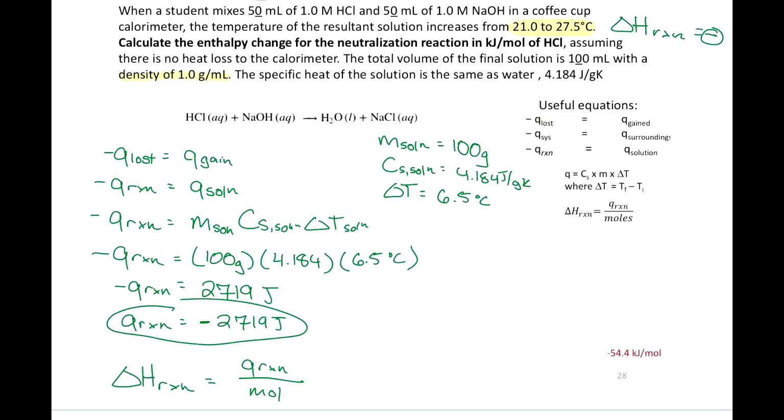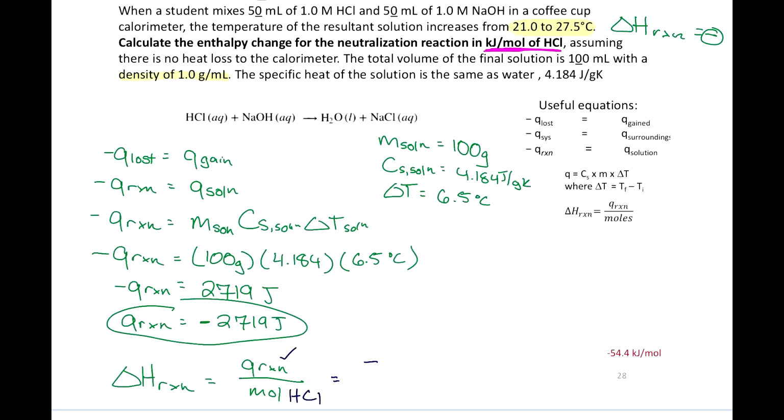So look back at the question. It says to calculate this neutralization reaction in kilojoules per mole of HCl. So specifically, we already have the top number. We want to figure out how many moles of HCl are present here, and that's what we're going to divide by. So this quantity will be negative.